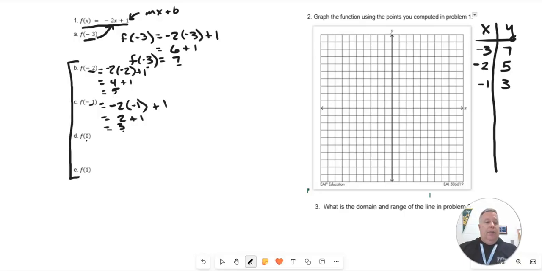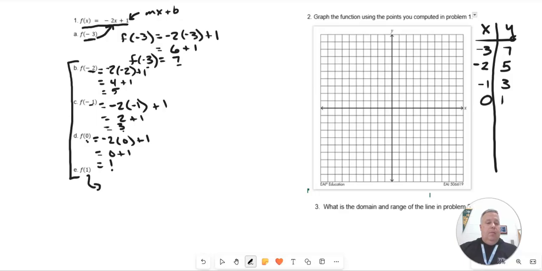Let's look at f of 0, where x equals 0. -2 times 0 plus 1 equals 0 plus 1, which equals 1. So when x equals 0, y equals 1. And let's try f of 1.